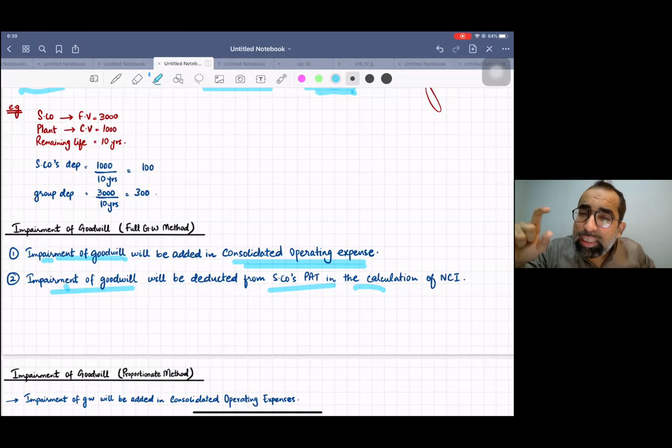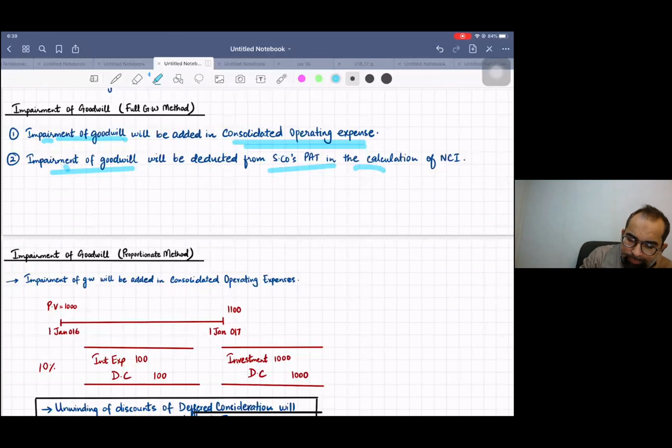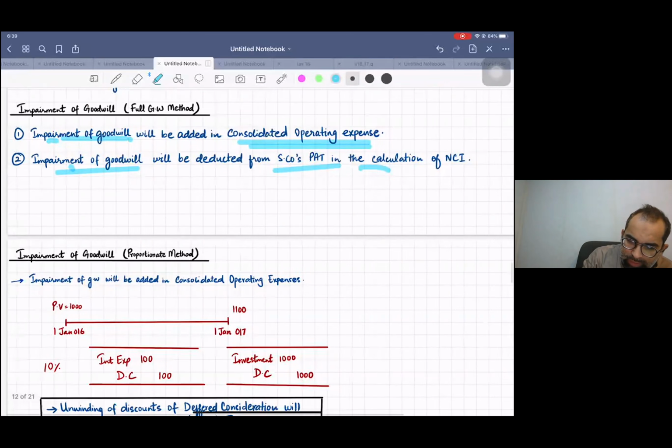That means in proportionate method, listen to my words, goodwill is considered to be a separate asset of P company, pure P company's asset. And when P company's assets go down, this is the loss of P company. So this time, no more adjustment in NCI, only look at here.